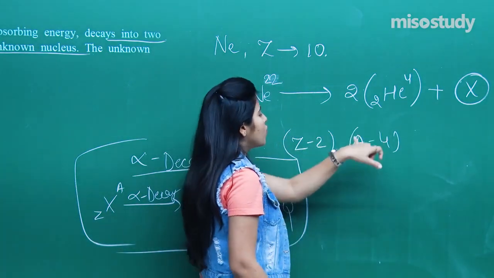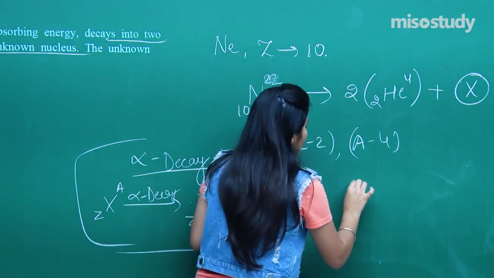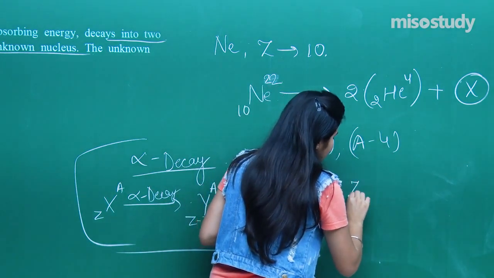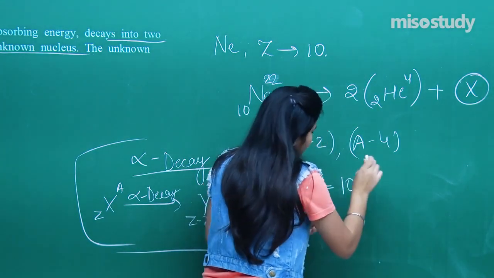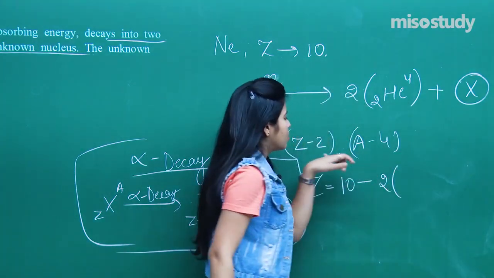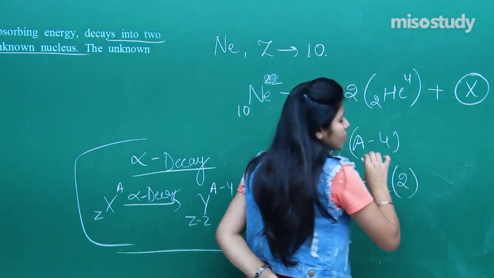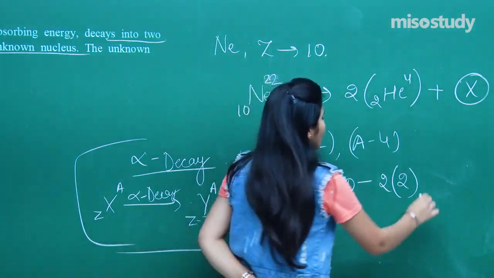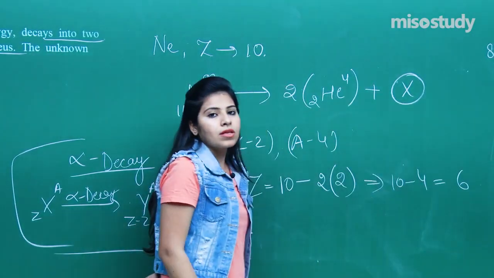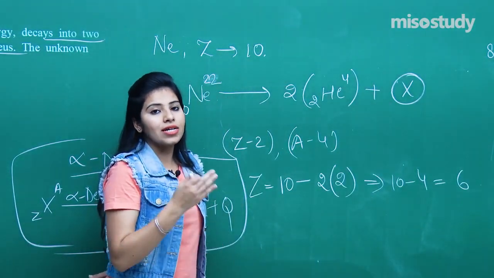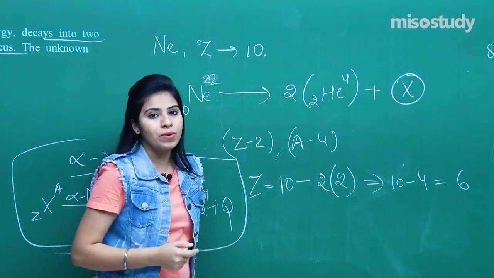It will be reduced by 2 two times. So earlier it was Z, that means 10, minus 2 times 2, so you have Z as 10 minus 4, which equals 6. So the unknown nucleus has atomic number 6.